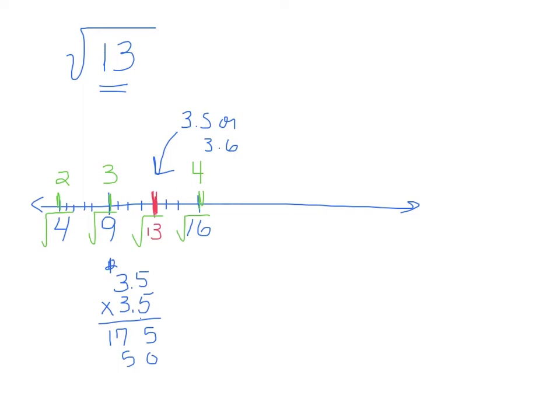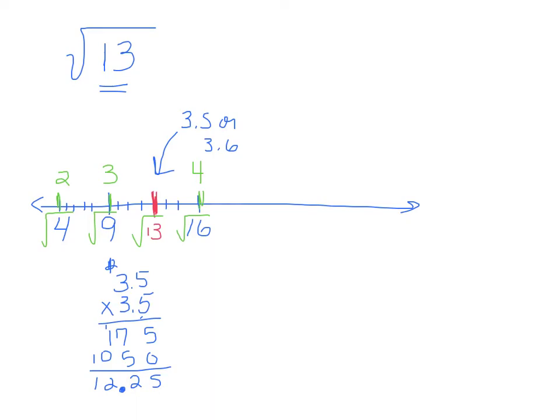Carry the 1. 3 times 3 is 9, plus 1 is going to be 10. If I add these, 5, 7 plus 5 is going to be 12. Carry the 1. It's going to be 12, 1. And then it's going to be 2 decimal places, because I've got 1 decimal place and 1 decimal place, so I have to have 2 in my answer. So I get an answer of 12.25. Pretty close, isn't it, to 13?